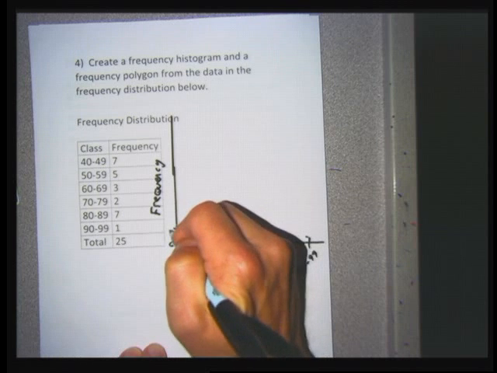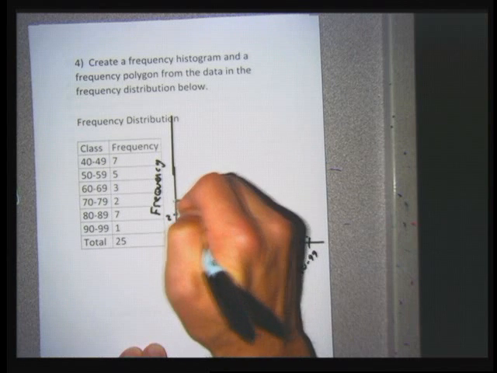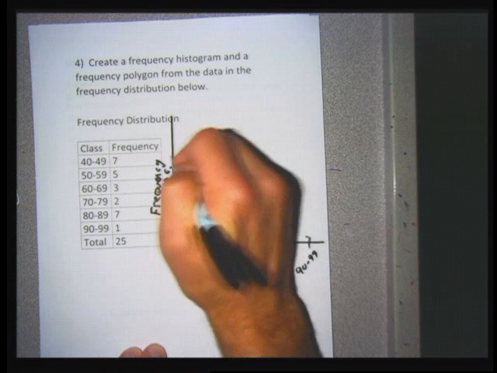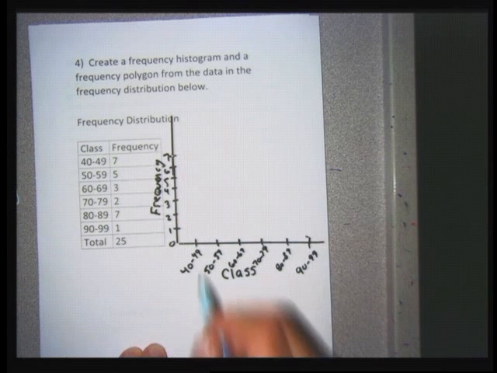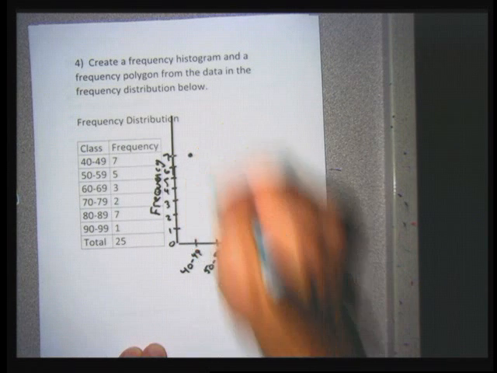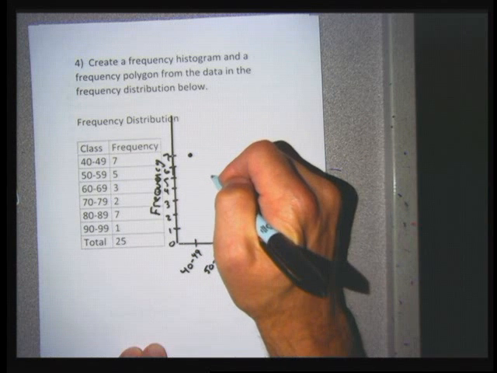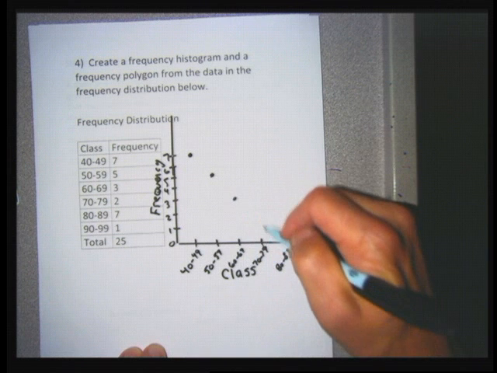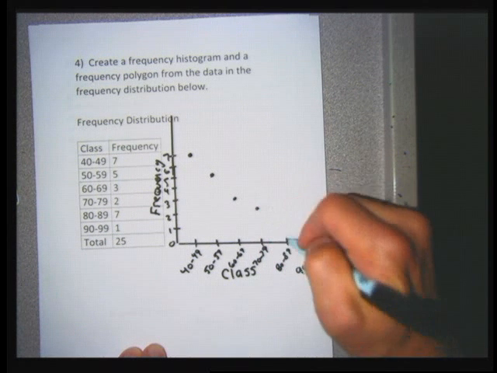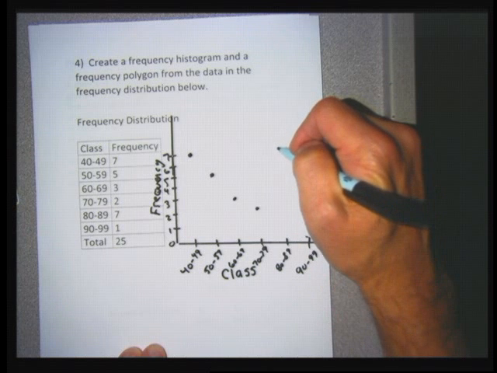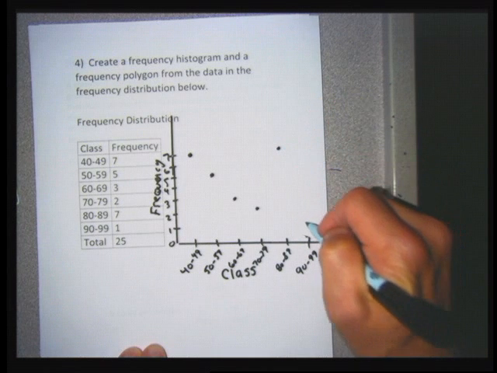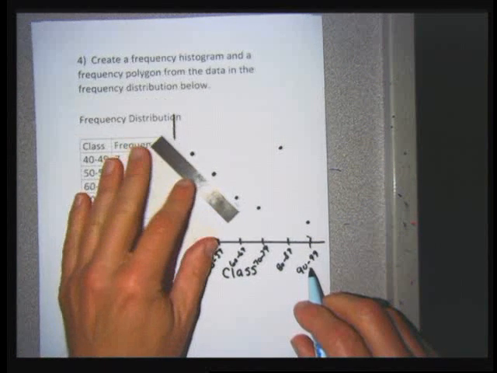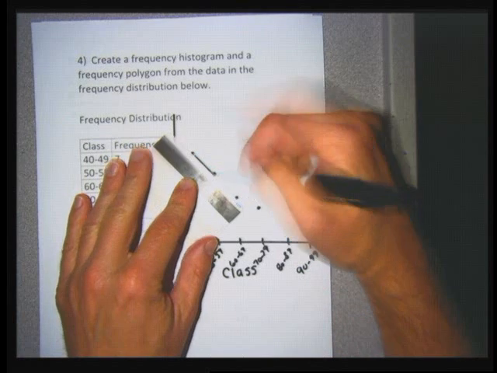So zero down here, then 1, 2, 3, 4, 5, 6, 7. First class 40 to 49 goes up to 7. 50 to 59 goes to 5, much nicer data to plot. 60 to 69 goes up to 3, 70 to 79 at 2, 80 to 89 at 7, and again I'm not being super precise in plotting these, and 90 to 99 at 1. I'll just connect the dots that I make, and that would be called my frequency polygon.